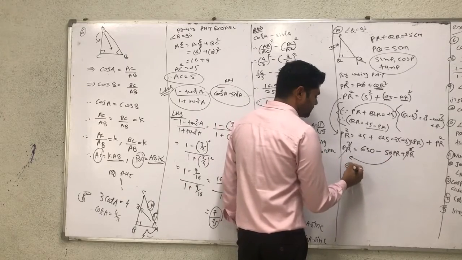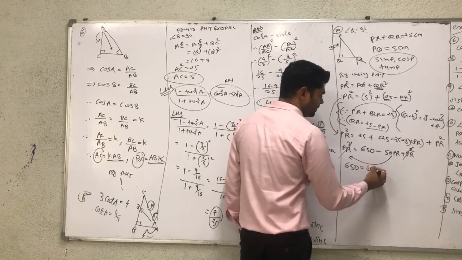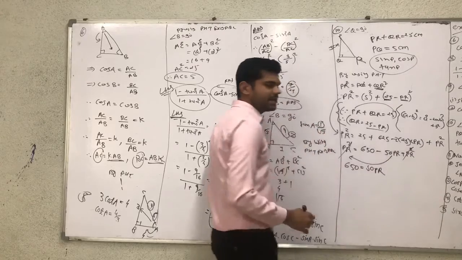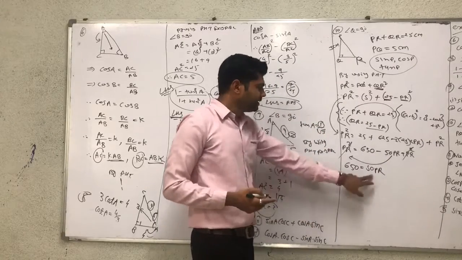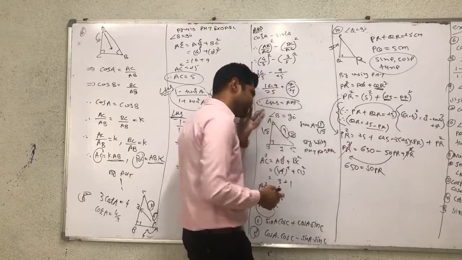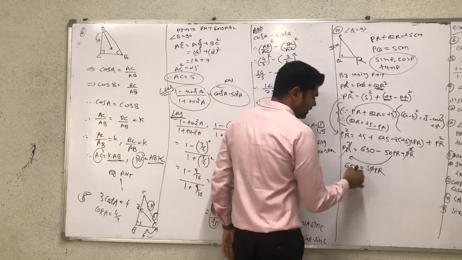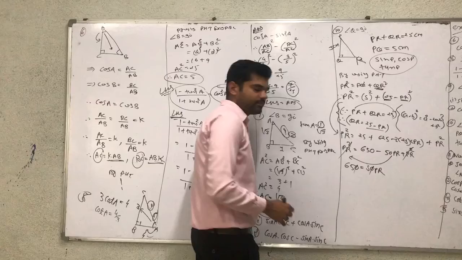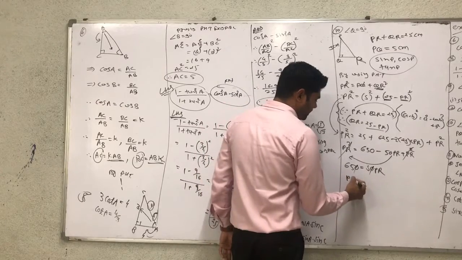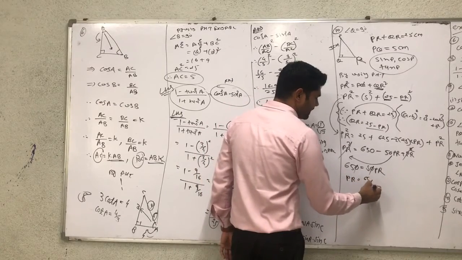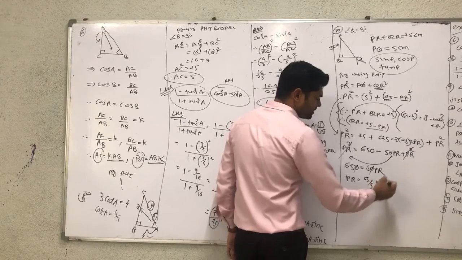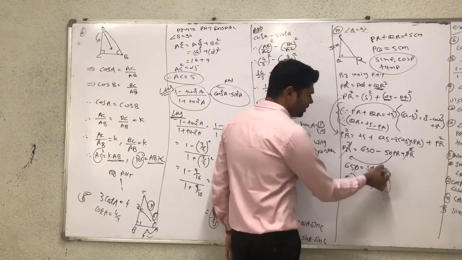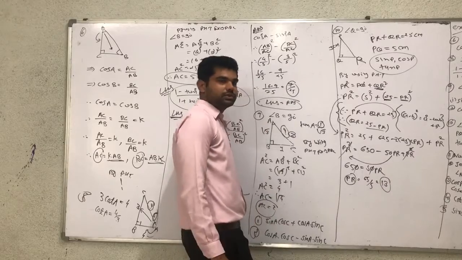So 625 is equal to 50 PR. PR side change, so positive sign, and 65 here. So 65 is equal to 0 and 0 cancel. PR is equal to 65 divided by 5. So answer is 13. Value of PR is equal to 13.